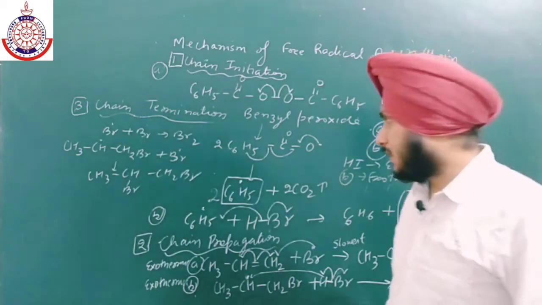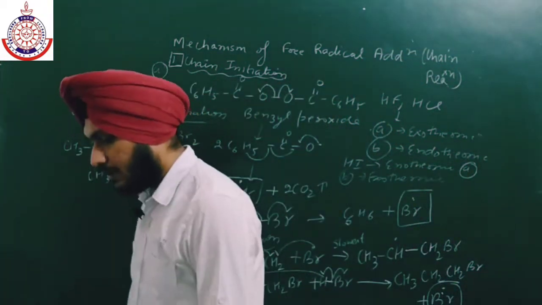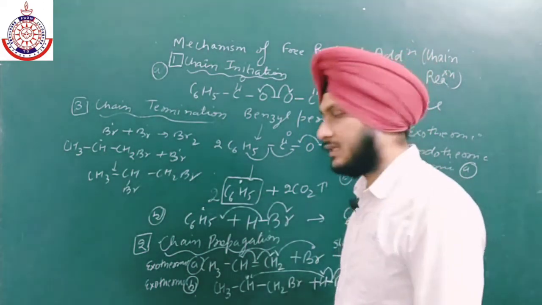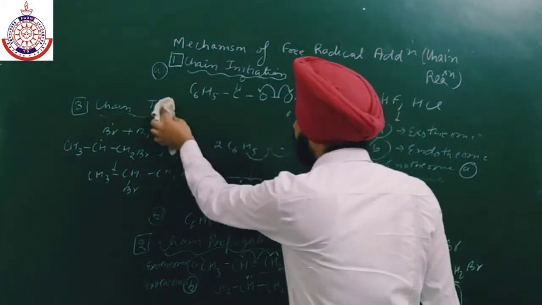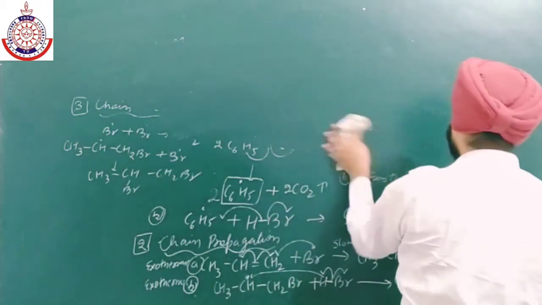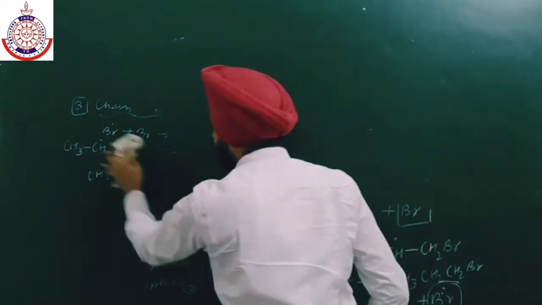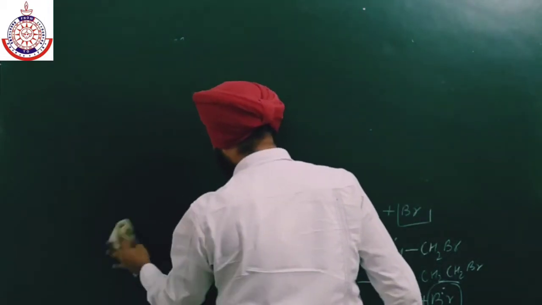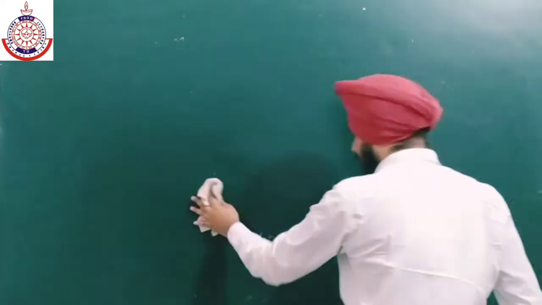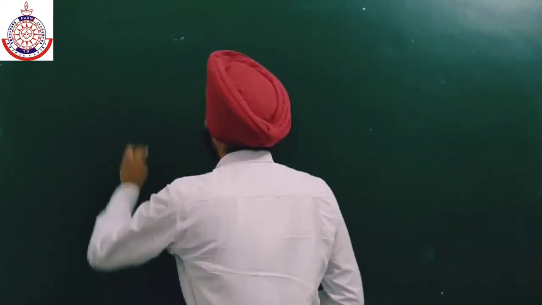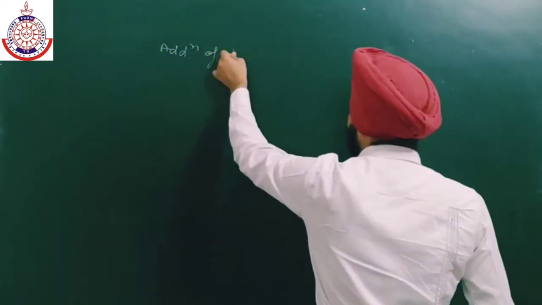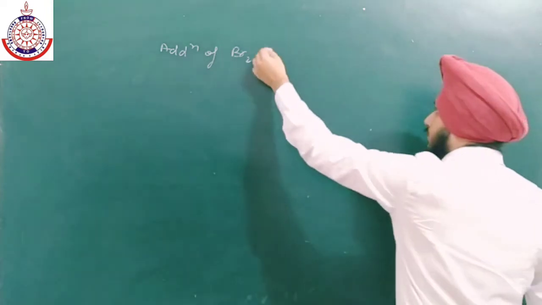Okay, so here we can also add the dihalogens to unsaturated hydrocarbons and we will get the product. So let us discuss that one also: the addition of Br2 to alkenes.